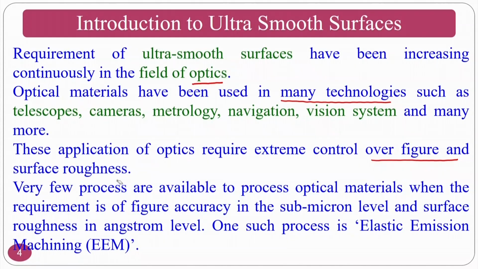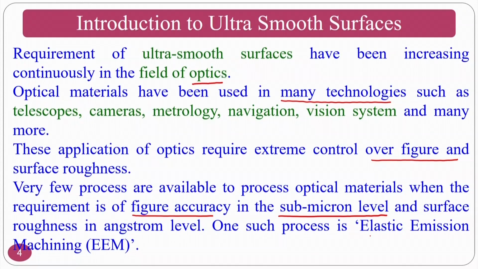For processes for optical materials processing, which require figure accuracy at sub-micron level, surface roughness is required, and even people require Angstrom level. Nowadays, telescopes and SLR cameras are very high end cameras that are used in either Formula 1 racing or sports.